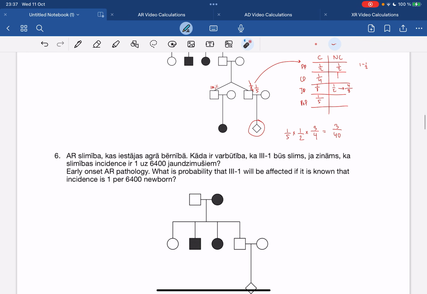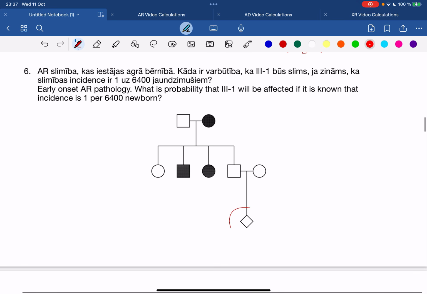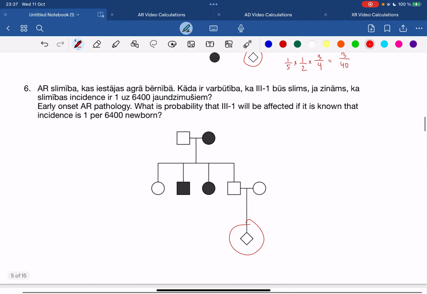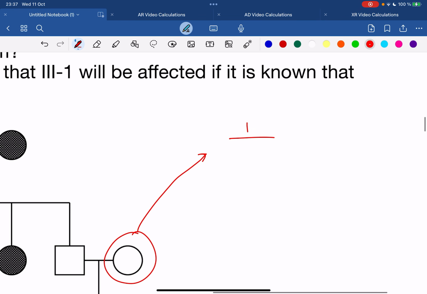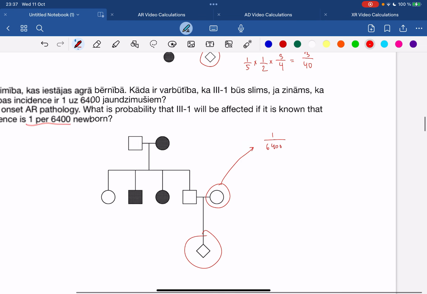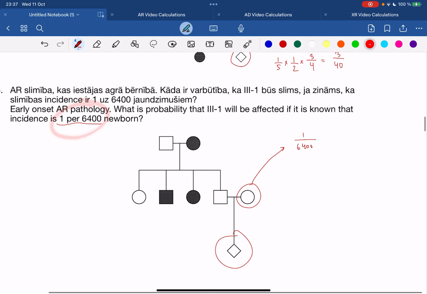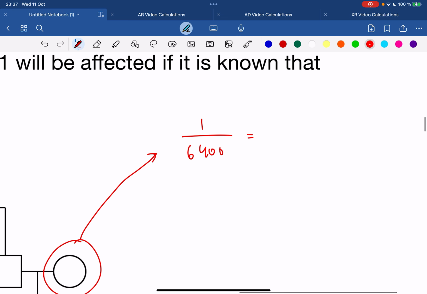Early onset autosomal recessive. What is the probability that 3-1 will be affected? 3-1 is this person right here. And then we also know the incidence rate, which means we know the population frequency, which means we would know this person. So 1 out of 6,400, because we get it from here, equals Q to the power of 2.